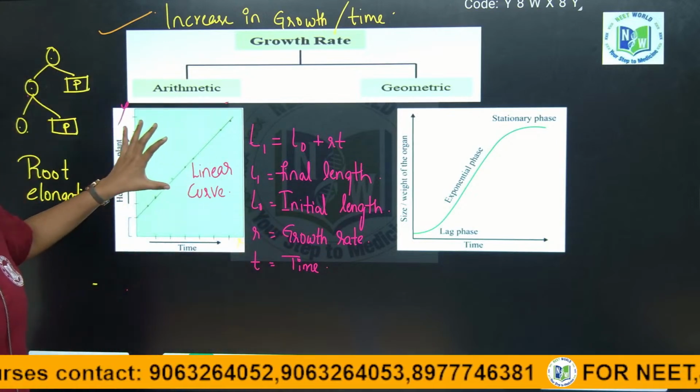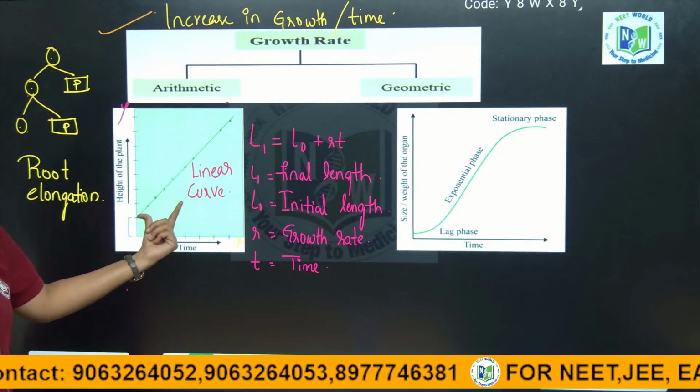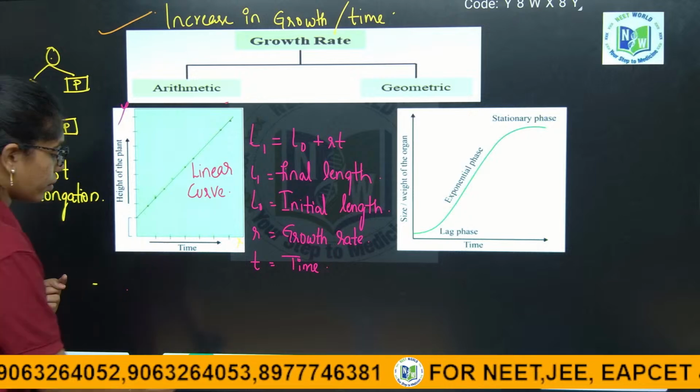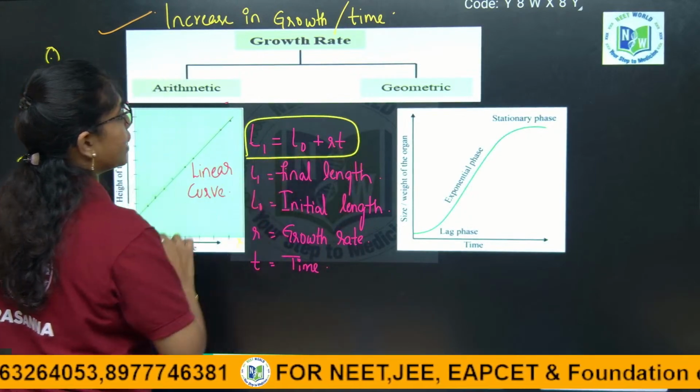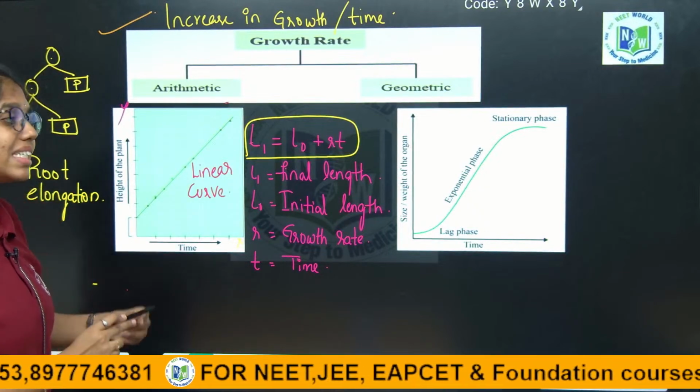Clear? This is arithmetic growth rate, which shows a linear curve, and the formula used is L1 = L0 + RT.